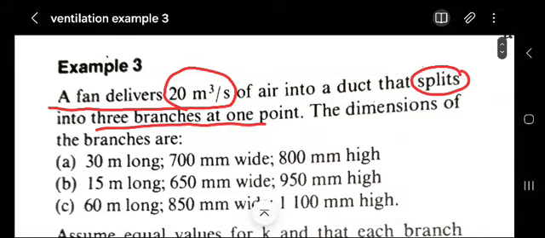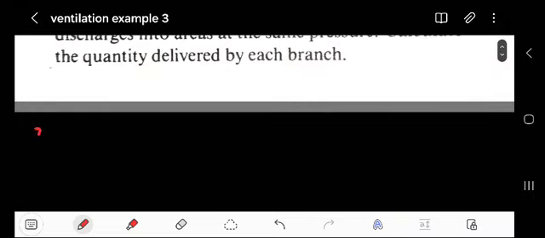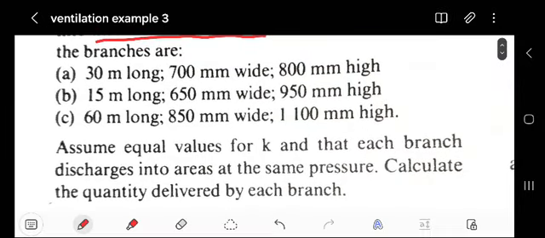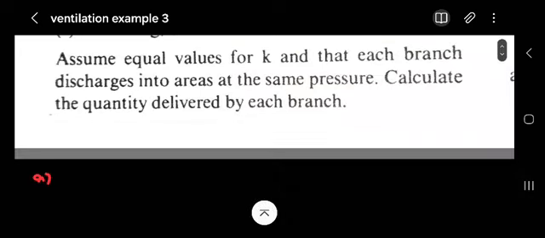It says it splits into 3 branches at a point. The dimensions of the branches are given, so I can simply say A. They say this branch is 30 meters long, 700 millimeters wide, and 800 millimeters high.